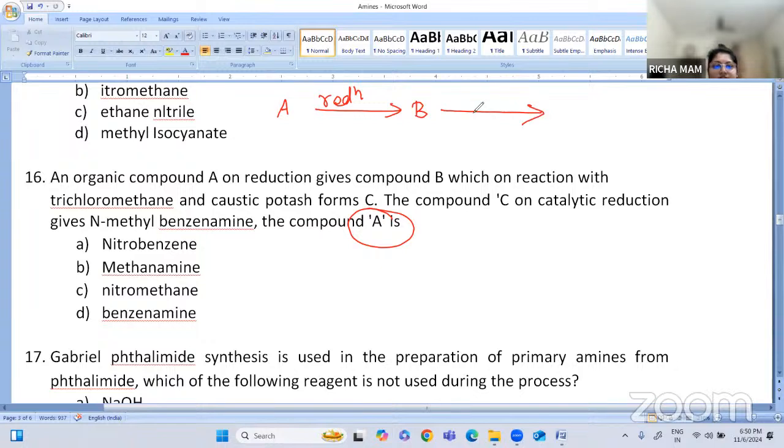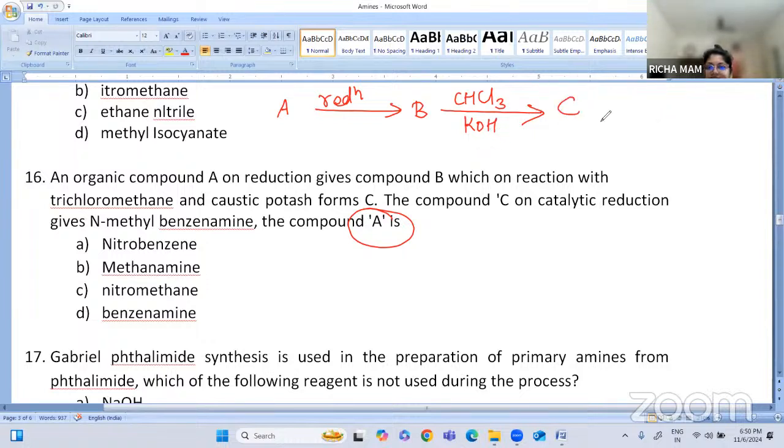This compound B reacts with trichloromethane, chloroform, and caustic potash, that is potassium hydroxide.